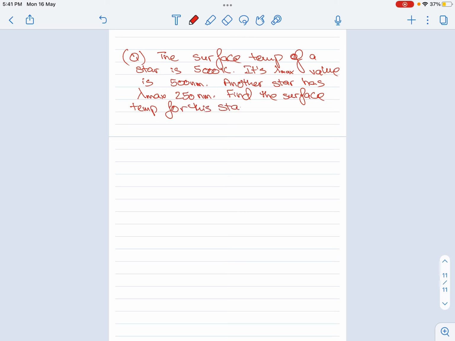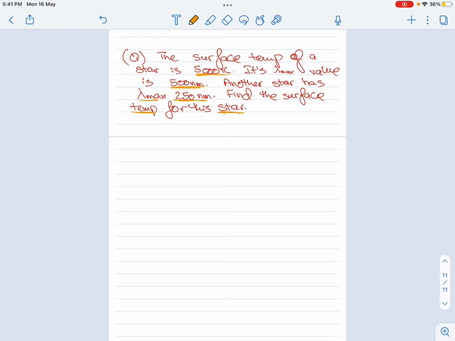Now they've given us 2 stars and they've given us the temperature for one and the wavelength max for one, and they've given us another star with a wavelength max of 250 nanometer, and they've asked us to find the temperature.